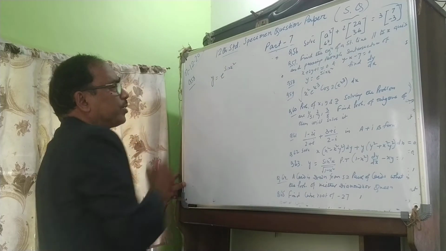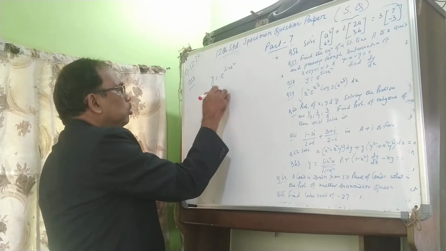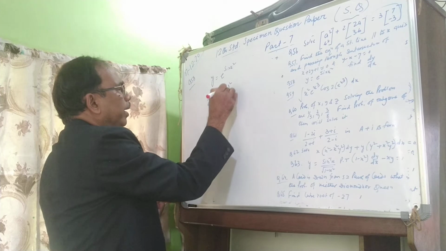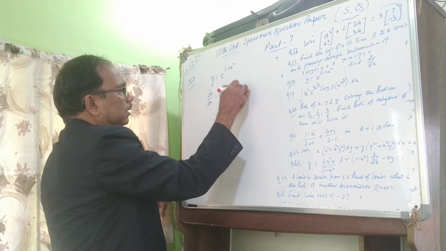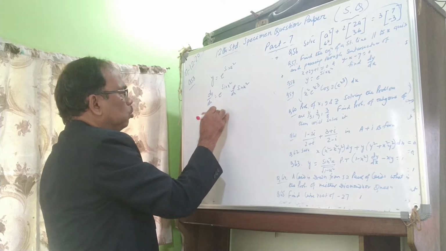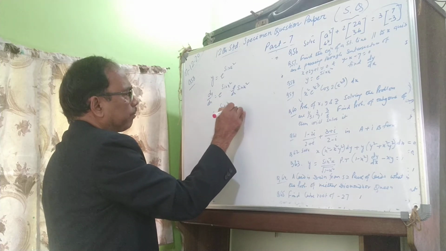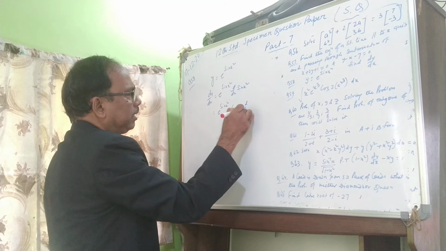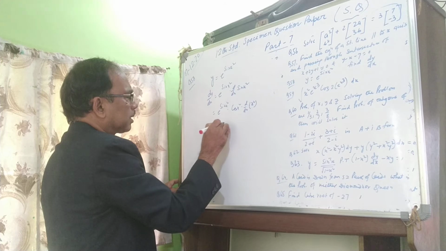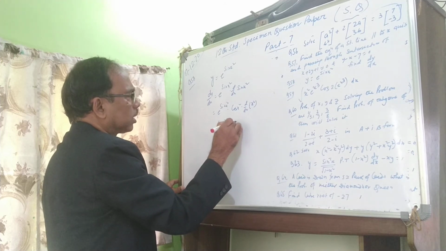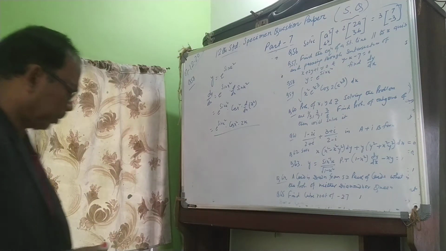Differentiating with respect to x, we get dy by dx equals e to the power sine x squared, times d by dx of sine x squared. The derivative of sine x squared is cos x squared, then d by dx of x squared by the chain rule gives 2x. So dy by dx equals e to the power sine x squared into cos x squared into 2x. That is the dy by dx of the given equation.